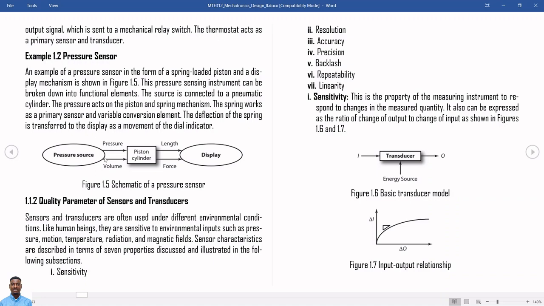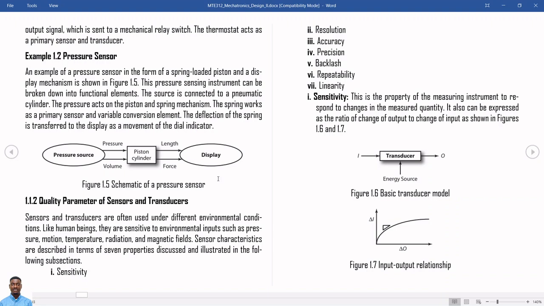And when there's a reverse, the piston length or the displacement will reduce and the force also will reduce. This is just a schematic diagram of a pressure sensor of this kind of arrangement: a pressure source, a piston cylinder, and a display unit.